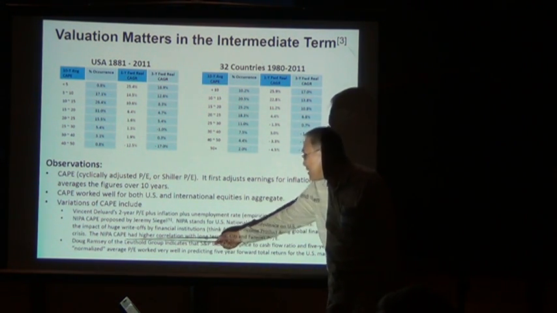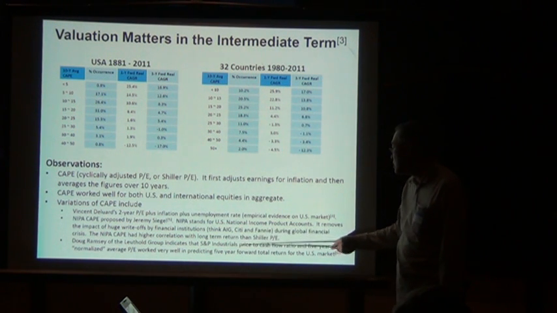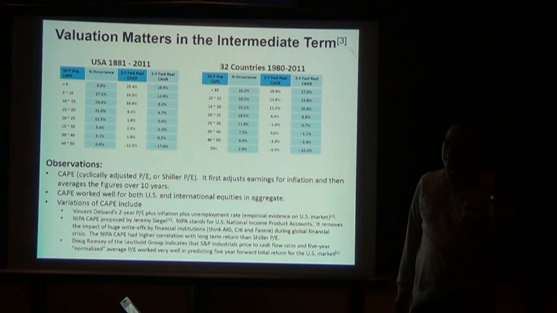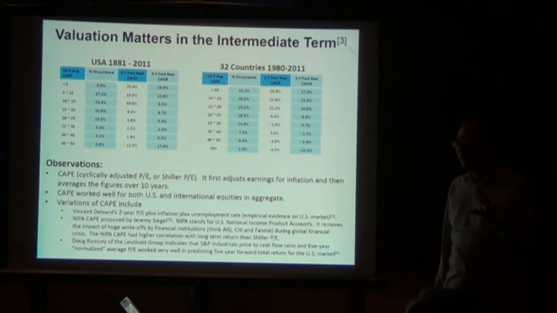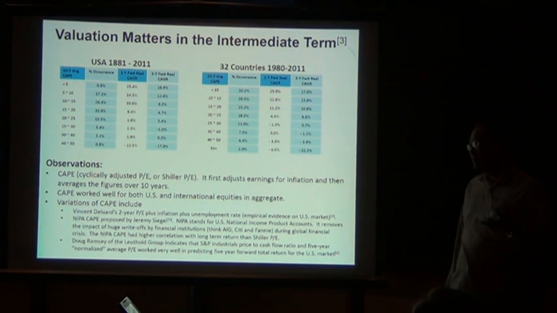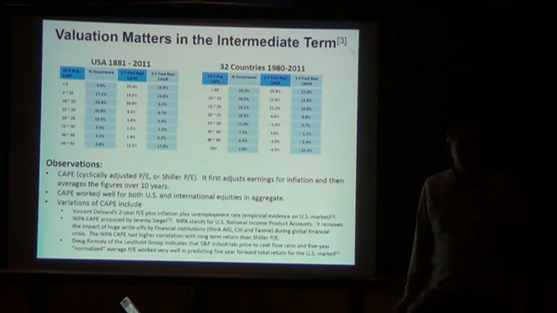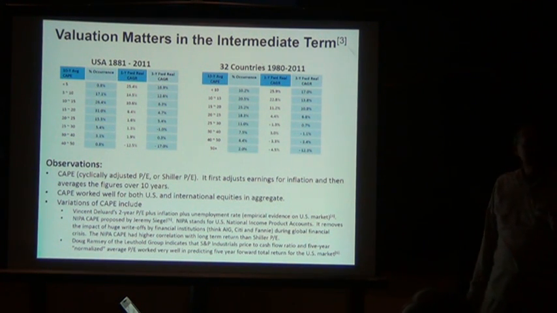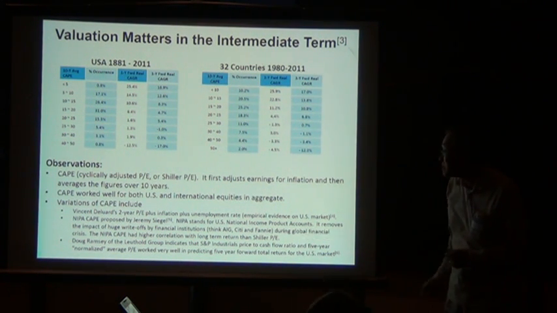The NIPA CAPE had higher correlation with long-term return than the Shiller PE. So the Shiller PE, say the R square is about 0.35, somewhere in that range. The NIPA CAPE with the 10-year return is about 0.51. Okay, so this is certainly an improvement.